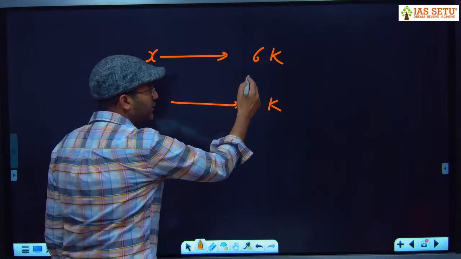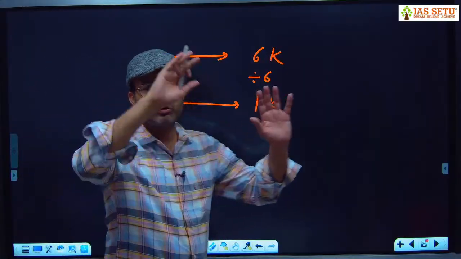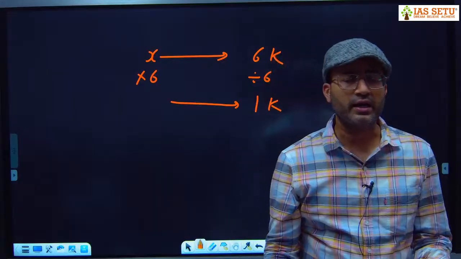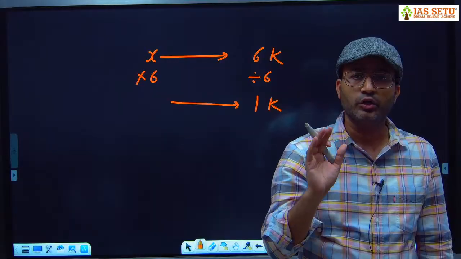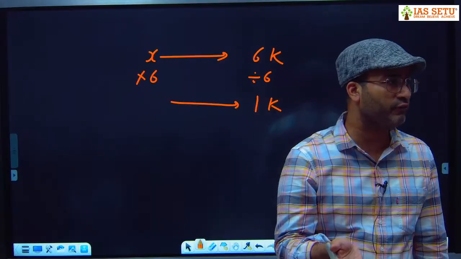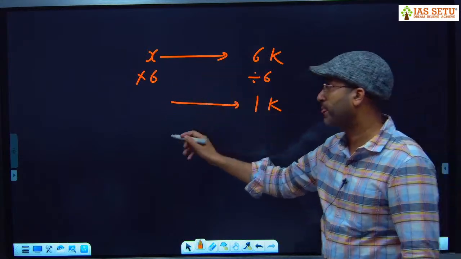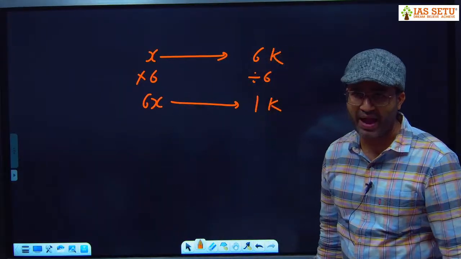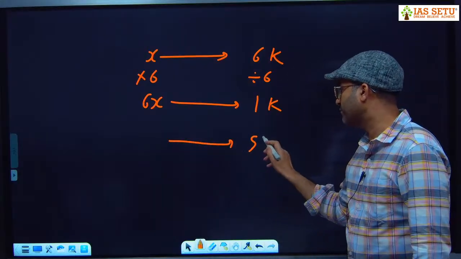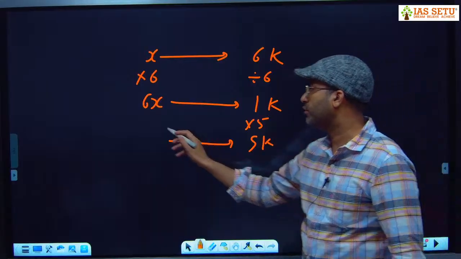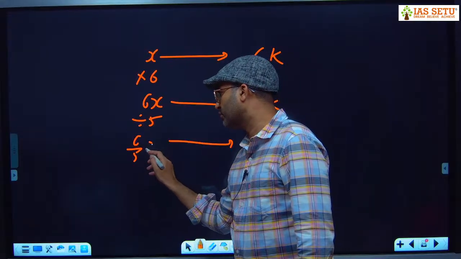If number of days are divided by 6, number of men will be multiplied by 6. अगर ये रूम हम 6 के दिन में बना सकते हैं and our boss order us कि that room they need in 1 day, तो अगर आपने days घटाए तो workforce बढ़ाना पड़ेगा. अगर वर्क 6 से डिवाइड किया तो नंबर ऑफ मैन 6 से मल्टीप्लाई होएगा. तो इट मींस 6x मैन रिक्वायर्ड to complete this work in 1k. But here question is 5k. If you multiply it with 5, you have to divide it by 5. Tell me 6x divided by 5. What you get? 1.2x.